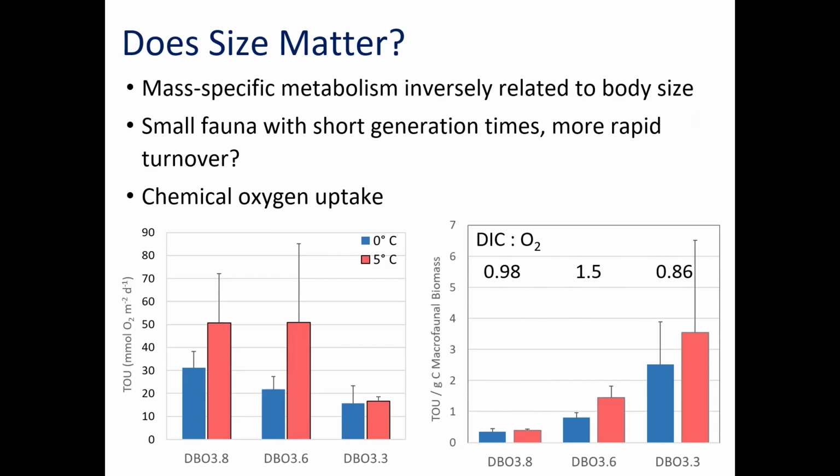We also probably have, the bacteria are suggesting that there's also a component of anaerobic activity happening more so in those coastal sites. And so some of this oxygen flux might be chemical uptake, but if you look at the ratio of DIC to oxygen consumption, which we would expect to be something like 1 for aerobic respiration, that fits pretty well in the places where we have big clams.